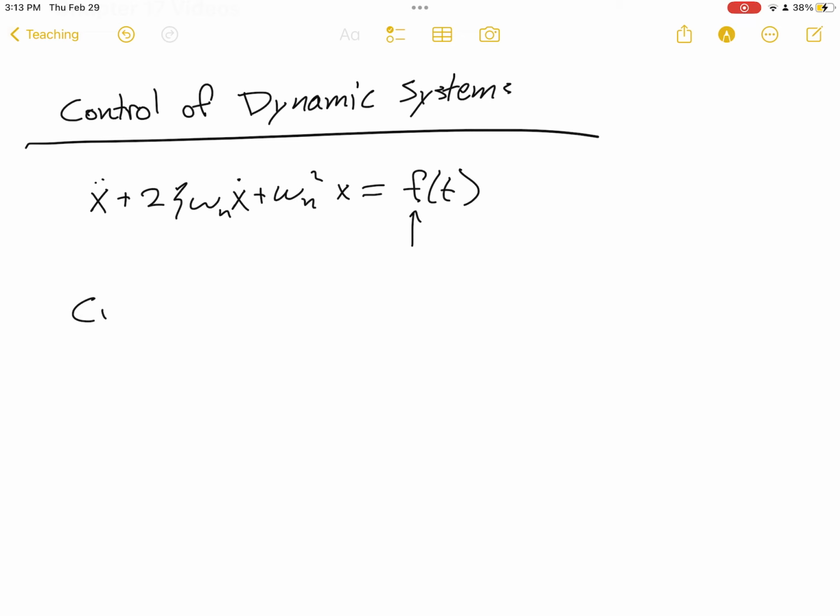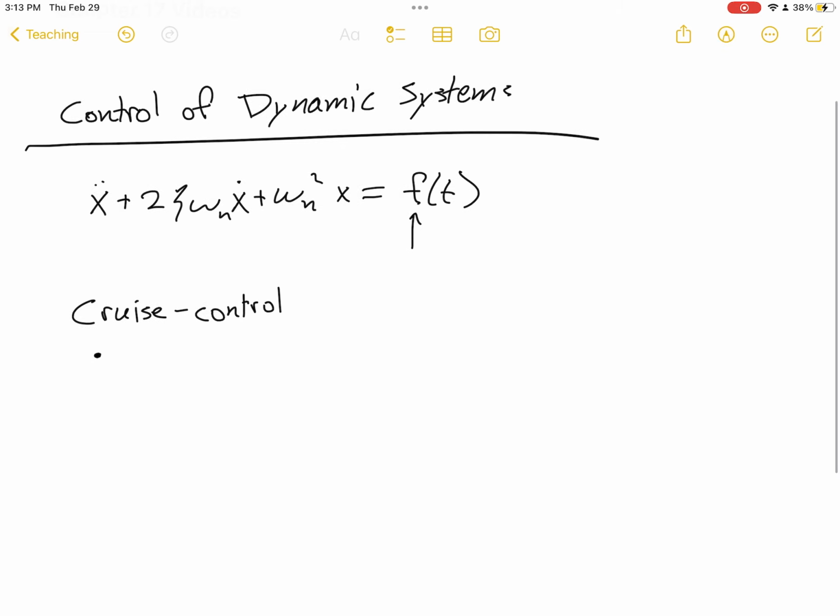So to continue thinking about what exactly controls is, if you've ever used cruise control in a car, you know something about control, where you have some desired speed of the car, V desired, and maybe you're on the freeway and you're following the speed limit in Florida, so that is going to be 70 miles per hour.